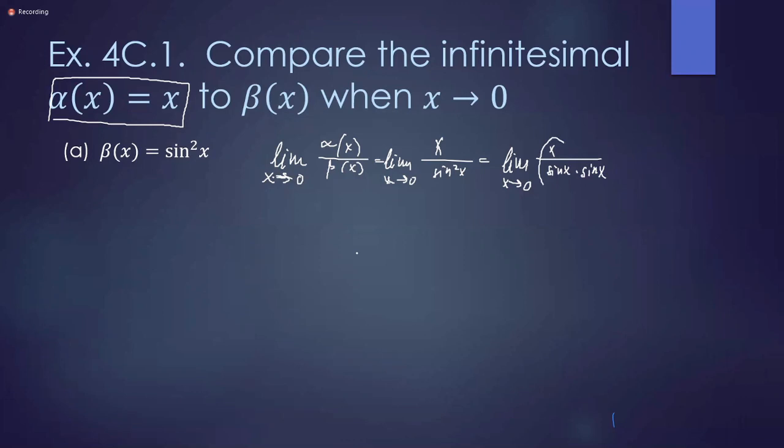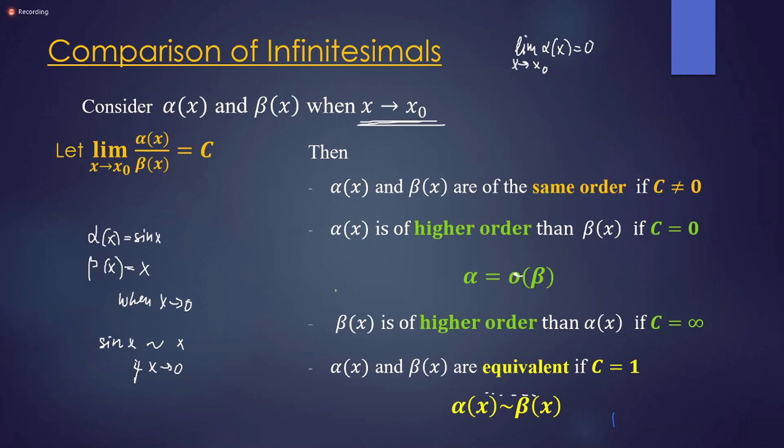When x tends to 0, the sine value also tends to 0. All in all, this limit is 1 divided by 0, which is infinity. So this means beta is of higher order than alpha. The bottom function is a stronger infinitely small quantity than the top function.